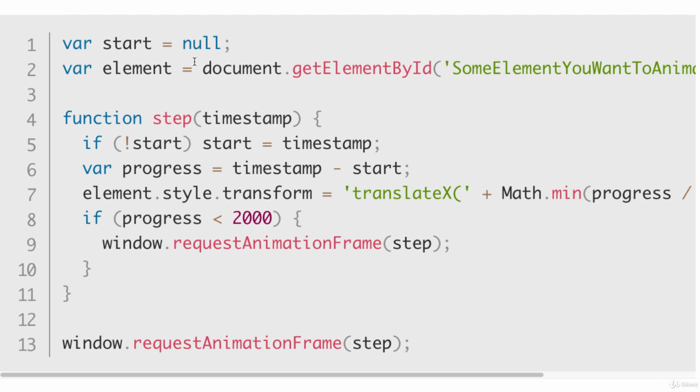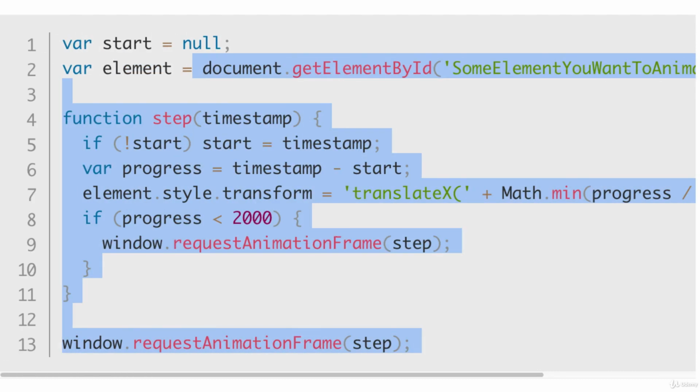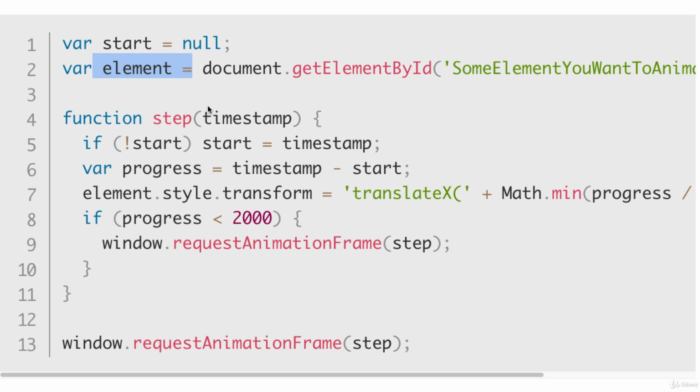So they've got start of null, they select the element, and this is the element that they're going to move around. They call requestAnimationFrame with the function step, so it's invoking the function step. That step function runs through and it's passing in a timestamp, and it's checking to see if the timestamp is not there, and if it's not, then it's setting start to whatever the timestamp is, and then it's tracking the progress, transforming the element.